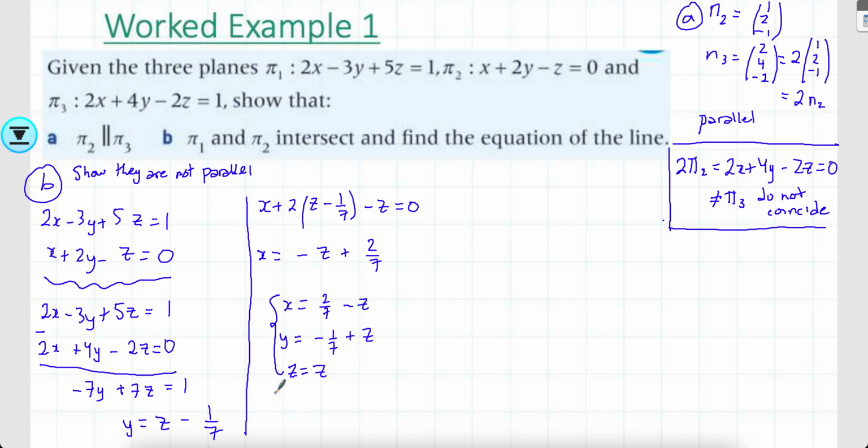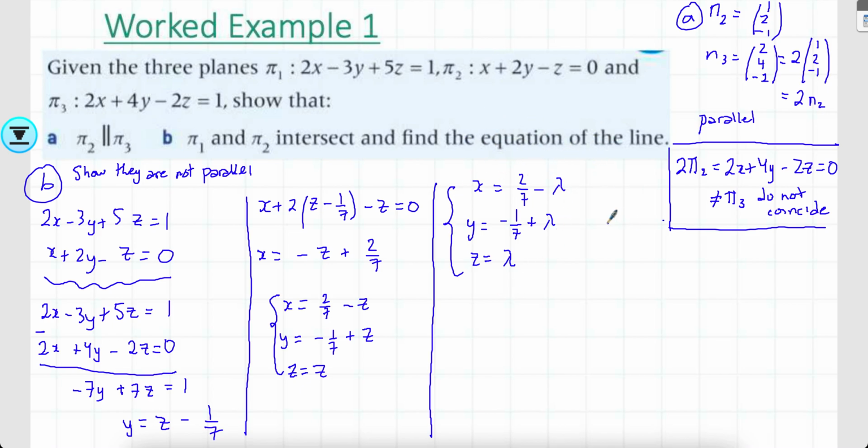But we don't want to just have this letter in there. What we actually want to do is represent z with a parameter. So we say that z is actually alpha, and so y is negative 1 over 7 plus alpha, and x is 2 over 7 minus alpha. So now we have the equation of a line in parametric form.